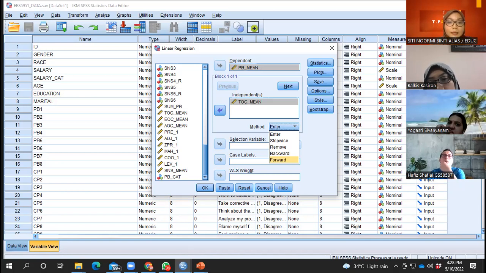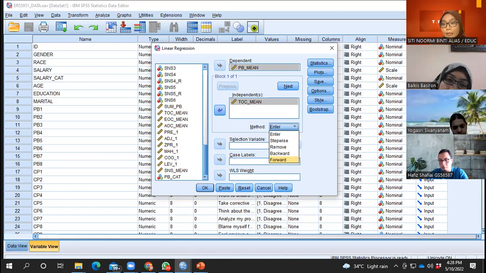The Stepwise method is a combination of forward and backward procedures that examines each variable for entry or removal. We are looking for which variable should be entered first and which later. We want to know which variable is the most influential and which is the least influential.